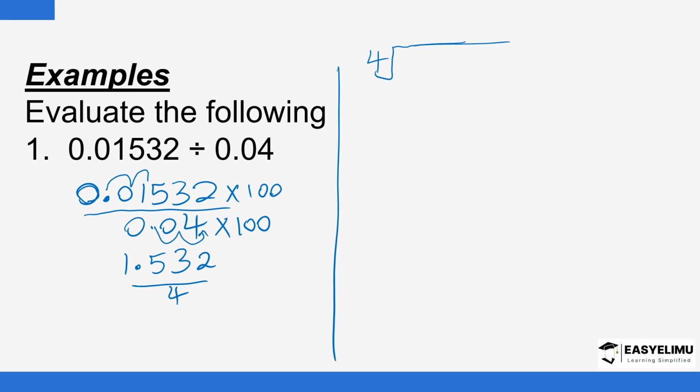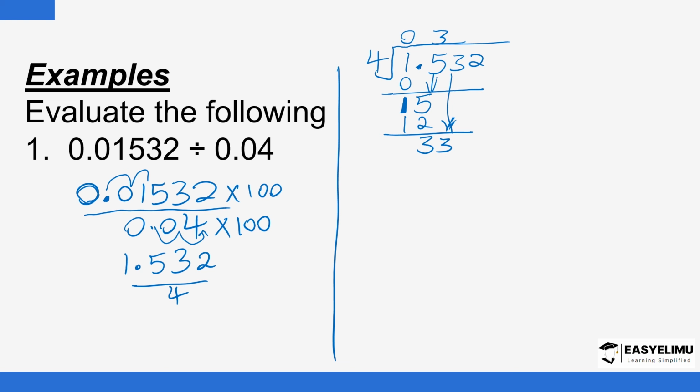So we have 4 and then 1.532. So 1 divided by 4 is not possible, so I write 0. Then 0 by 4 is 0. Then you subtract, 1. Then you drop the next digit here, 5. 15 divided by 4 is 3. And 3 by 4 is 12. Subtract, this is 3, and then you drop the next digit. That is 33.